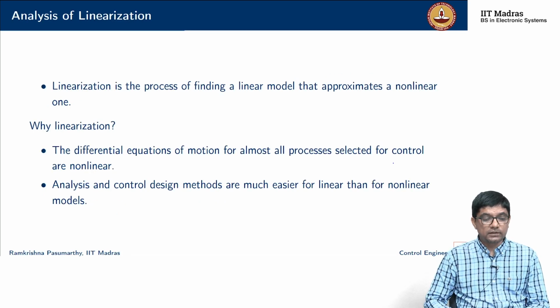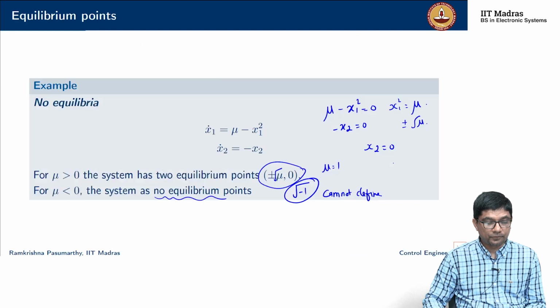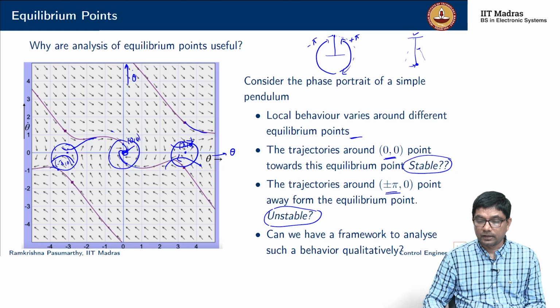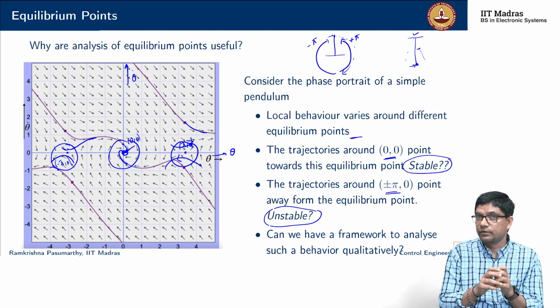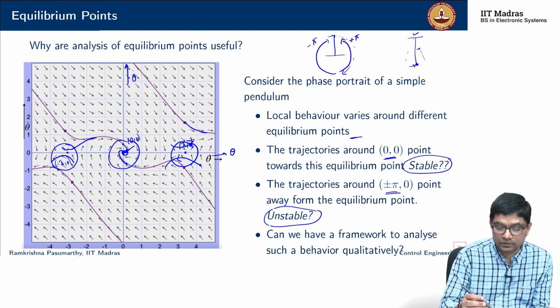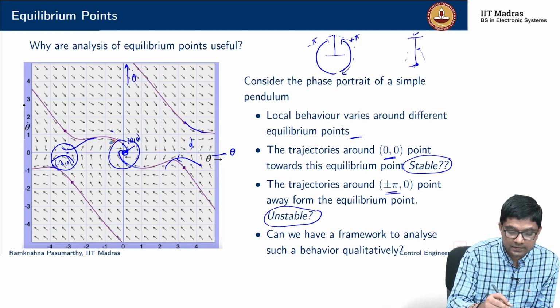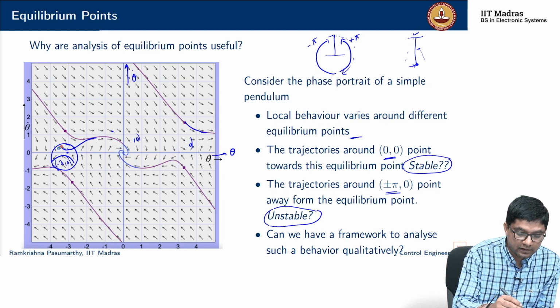So what we do is we look at the process of linearization. What I know is that my phase portrait around the equilibrium points has lots of information. So can I just restrict my analysis of the system to just analyzing around the equilibrium points?